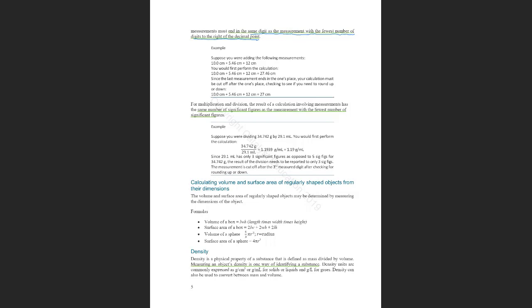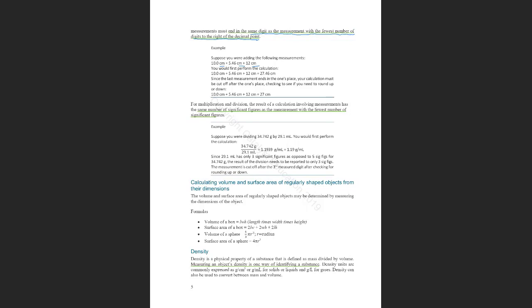So they are giving us some example. We are adding 10.0 centimeters plus 5.46 centimeters plus 12 centimeters. So when we have that, first thing we do, we look, are they all centimeters? Yes. Okay, so then I can use my calculator.